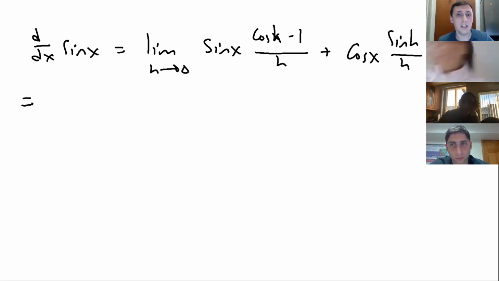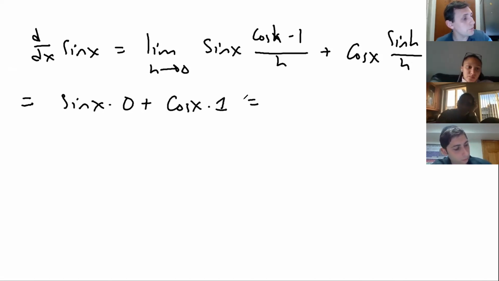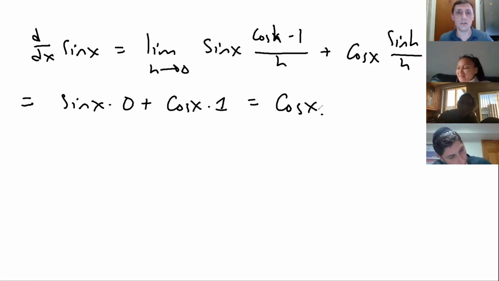What do we get here? We get that this is sine x times 0 plus cosine x multiplied by 1. In particular, the derivative of sine is equal to cosine x. Good? We just figured out that the derivative of sine is cosine x.